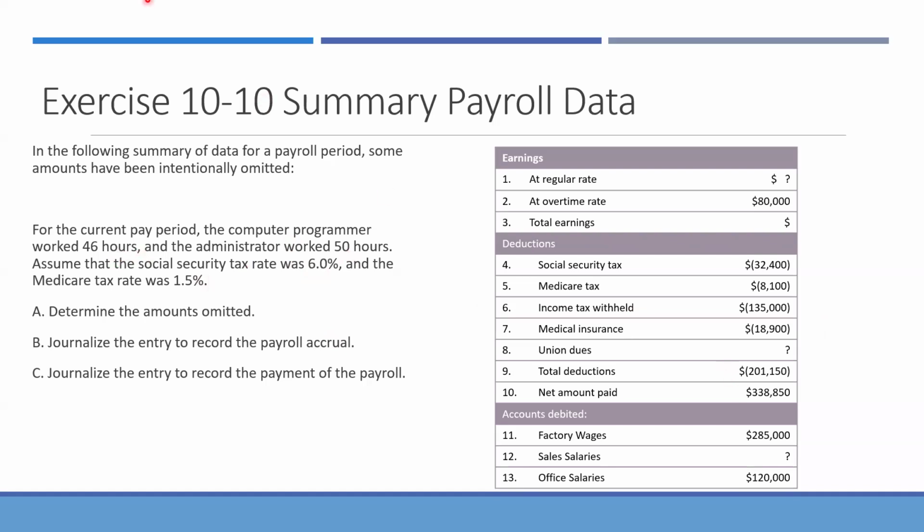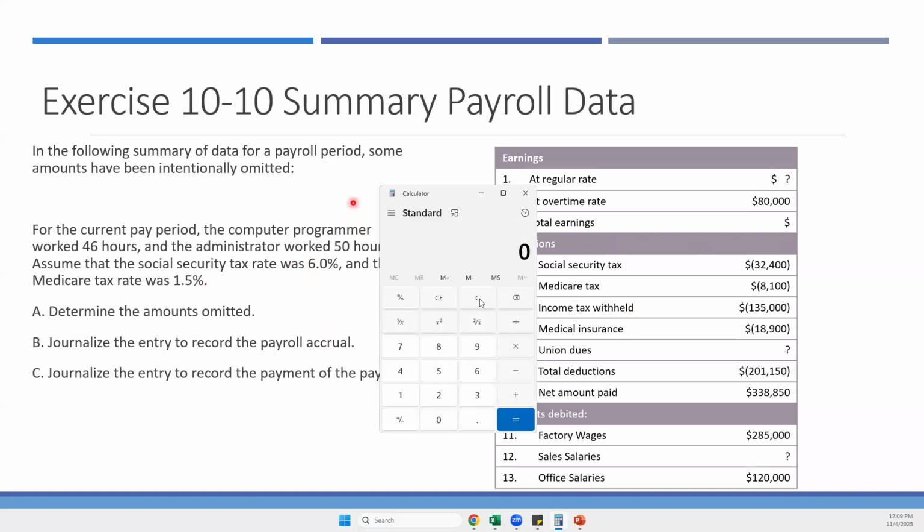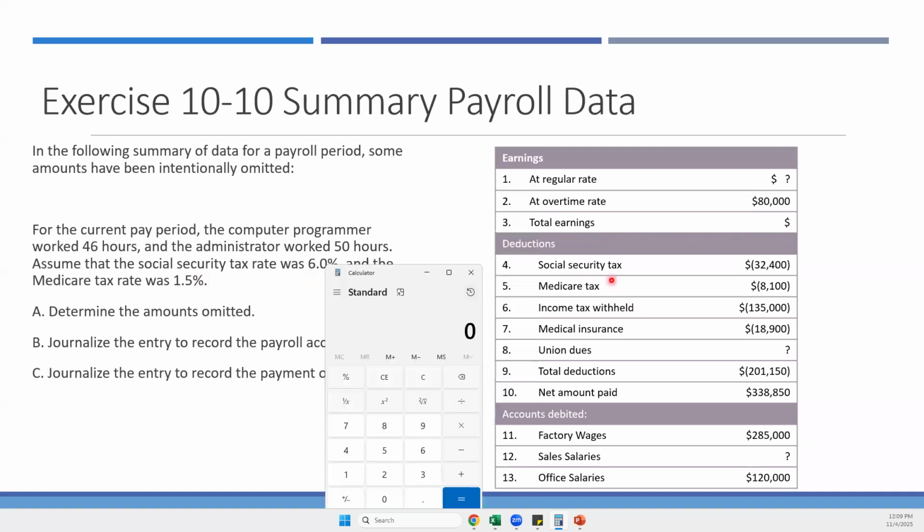Okay, so this is actually a lot simpler than you think to calculate what these amounts are supposed to be. So we know that the Medicare tax rate is 1.5%.